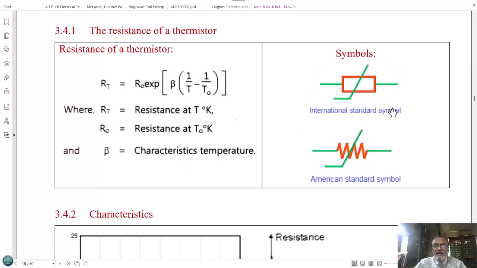The international standard symbol is shown in the first figure, whereas the American standard symbol of a thermistor is shown here.